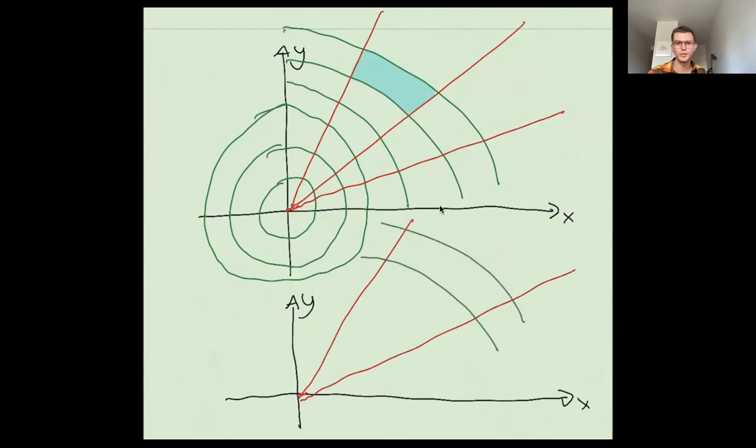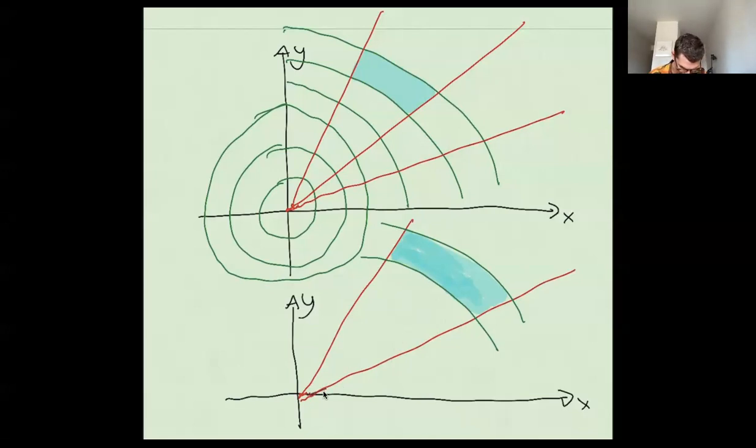So here I'm zooming into this piece that I did there. The idea is that this piece, let's say this starts at an angle, this first arc, this green arc, is some distance r from the origin.